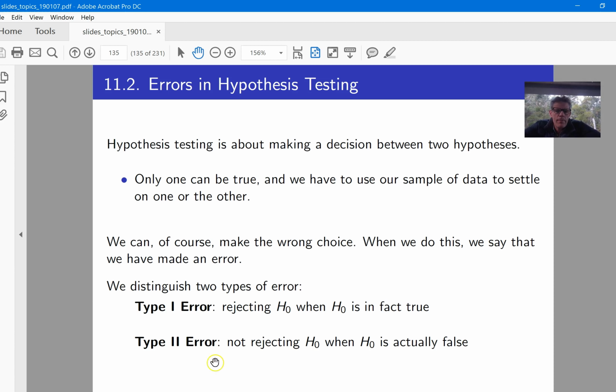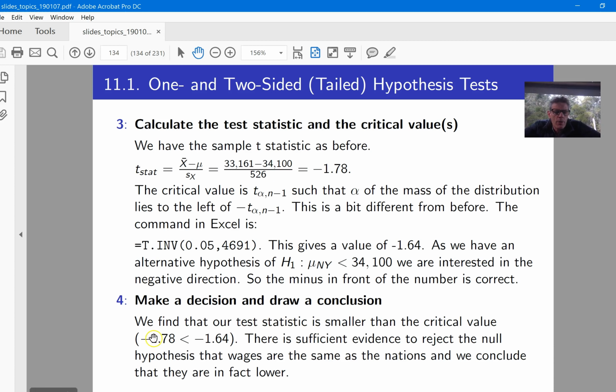The first type of error would be to come to the conclusion that the null hypothesis is false, when in fact it is true. That's possible to do, okay? Because we only got a sample. In this case, for example, we came to the conclusion that New Yorkers earn less than the national average once we did the one-sided test. Well, that could be a wrong conclusion. We only had a sample of 4,000 people from New York.